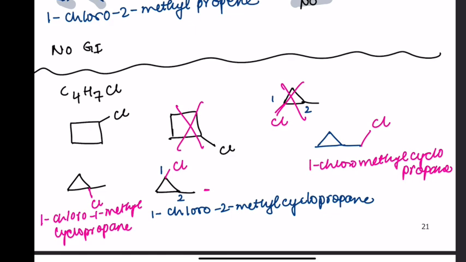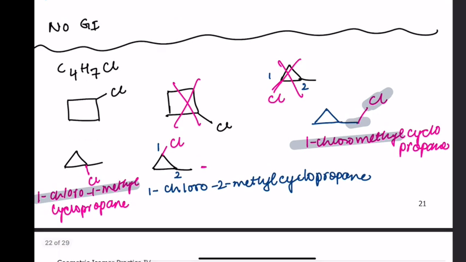That means the methyl group has a chloro group substituent attached to it. So there is a difference in the names here. 1-chloro, 1-methyl or 1-chloromethyl. They are two different entities. Another way to write that could be the chloromethyl part could go in brackets because that is a complex group.